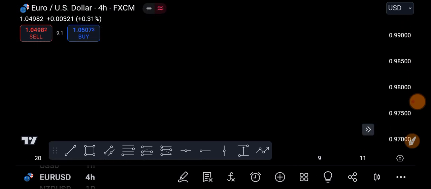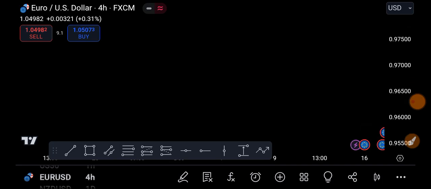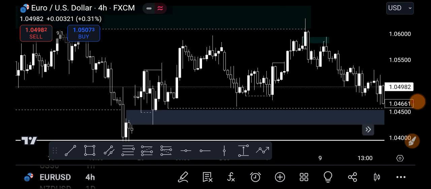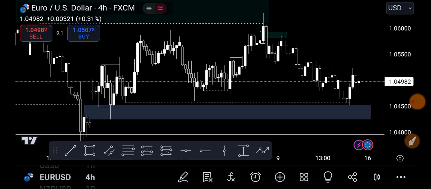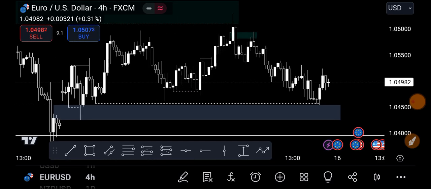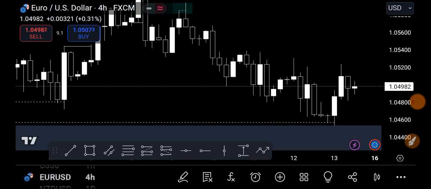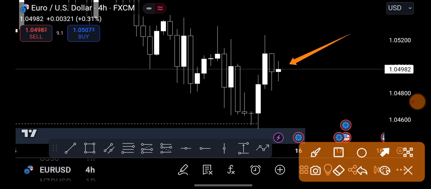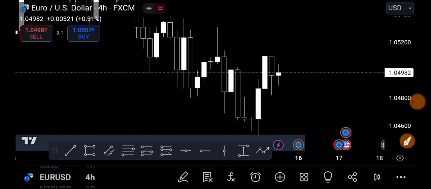Now let's focus on understanding what the chart is. When you see the chart like this, they are candlestick charts. Whatever you see here is a candlestick. Every single one of these is called a candlestick. I've already explained this in one of my videos on YouTube. If you missed it, it's on my Telegram channel, where I'm going to post this.